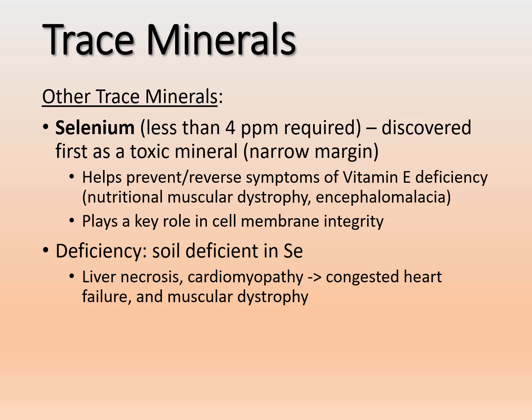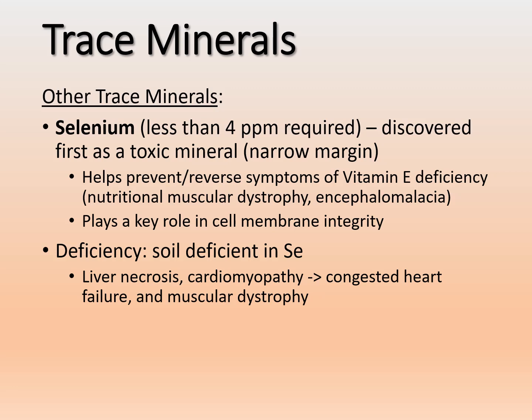So we do see a deficiency here in California and across the state. There are certain areas that have selenium deficient soil. So hays and grasses that are grown in those areas, we see this selenium deficiency.